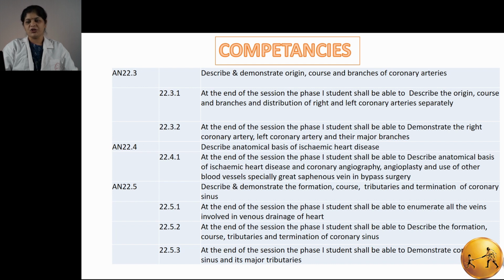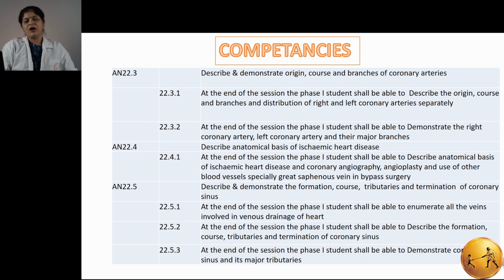At the end of the session, phase 1 student shall be able to describe the formation, course, tributaries and termination of coronary sinus. 22.5.3. At the end of the session, the phase 1 student shall be able to demonstrate coronary sinus and its major tributaries. So let us begin with the topic, that is coronary circulation.